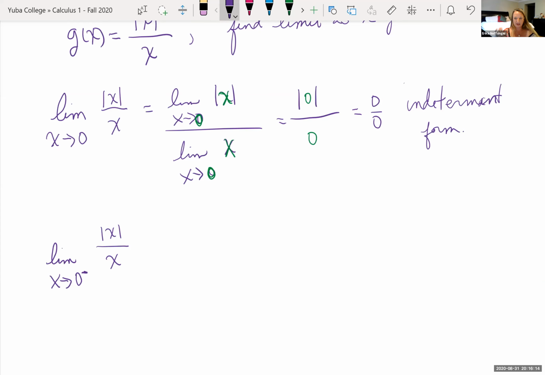So let's think about this logically. If we are plugging in a number close to 0, but it's on the left of 0, we know that number is a negative number. So we're plugging in a negative number close to 0, all over, and the absolute value of that, which is the same negative number close to 0.